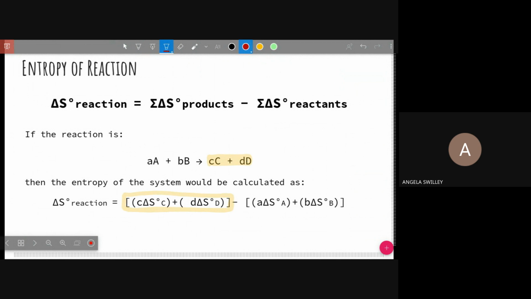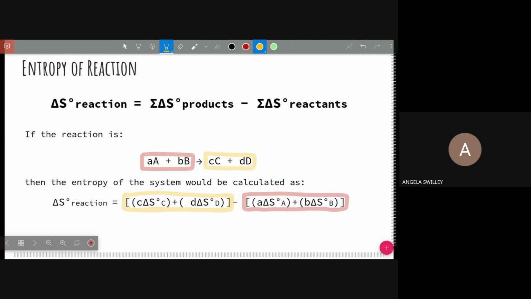And our reactants are right here. I probably need to outline both of these so that I can show you how they correlate.